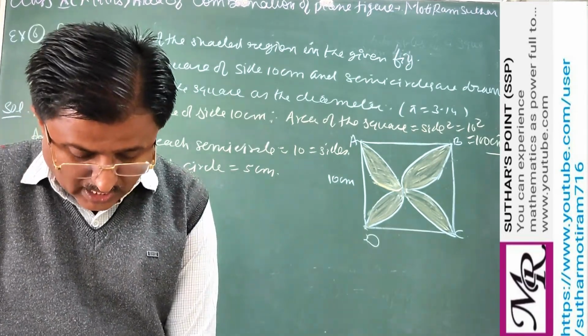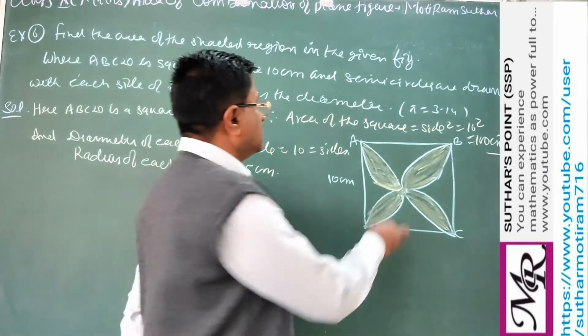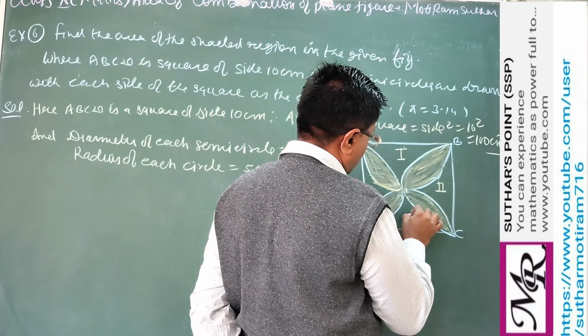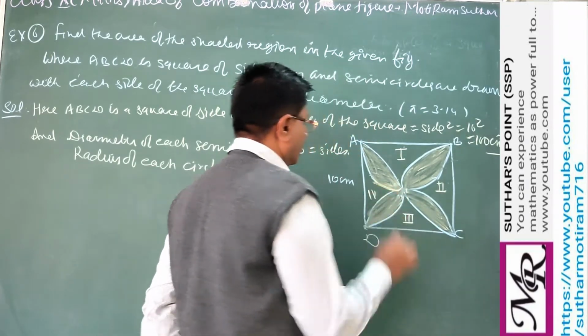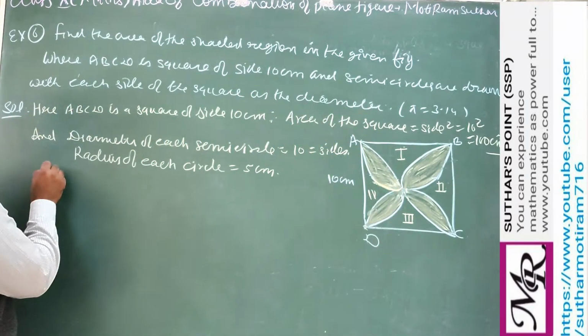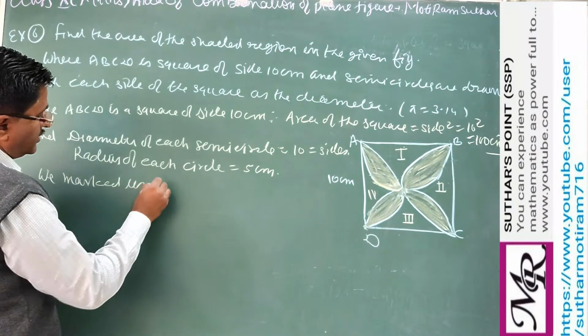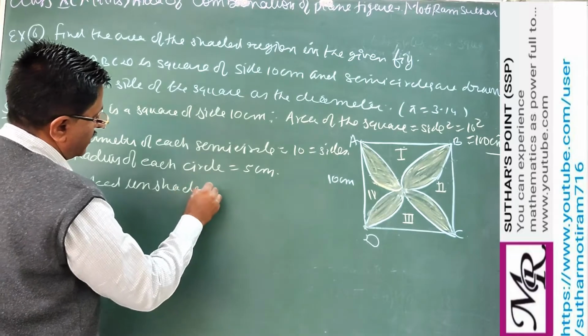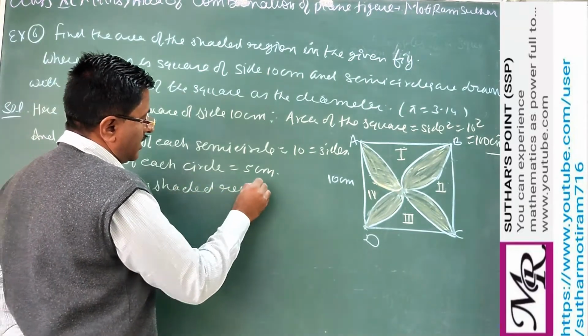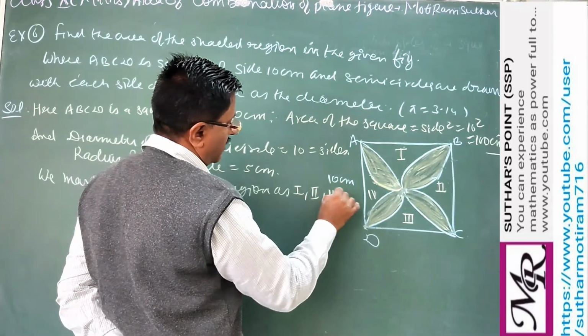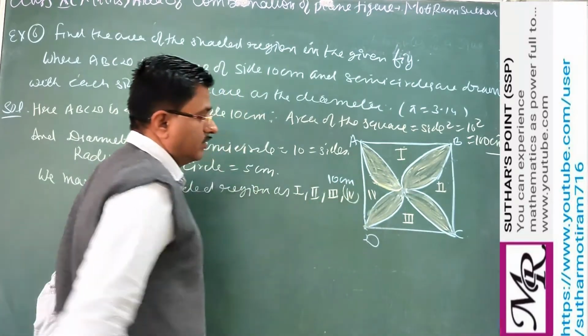Now see, dear students, we can mark the unshaded region parts: 1, 2, 3 and 4. We mark the unshaded region as first, second, third and fourth.